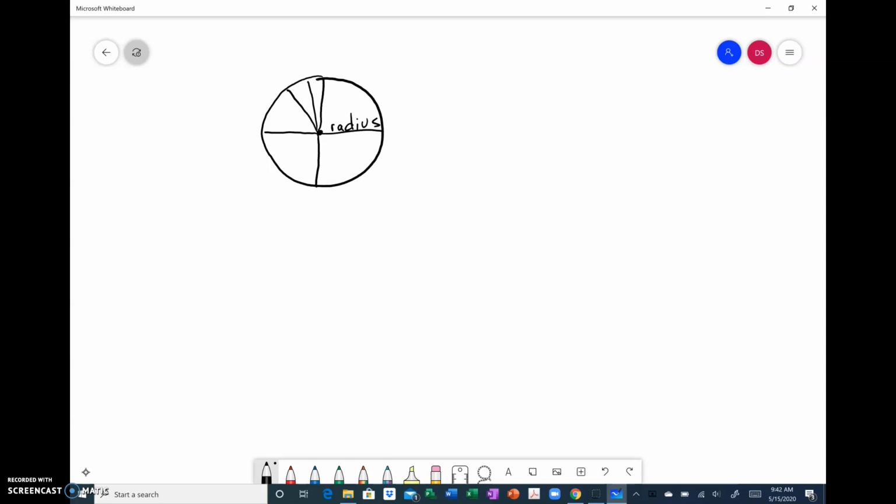But the distance across the whole thing, whether it's along the same line that I have the radius, here, this is called the diameter, okay? So you should see that the diameter is double the radius, and that's going to be important as we go through this, okay? So today we're going to talk about circumference.